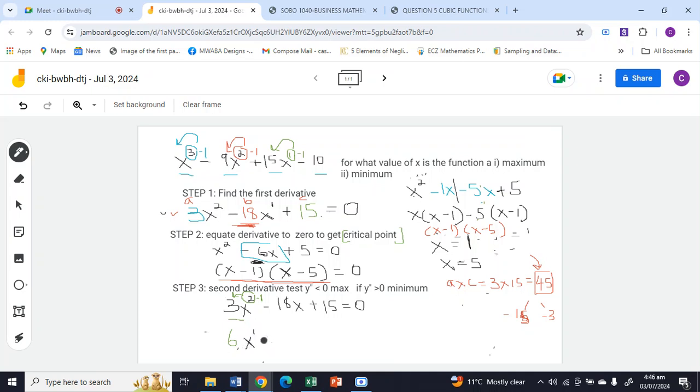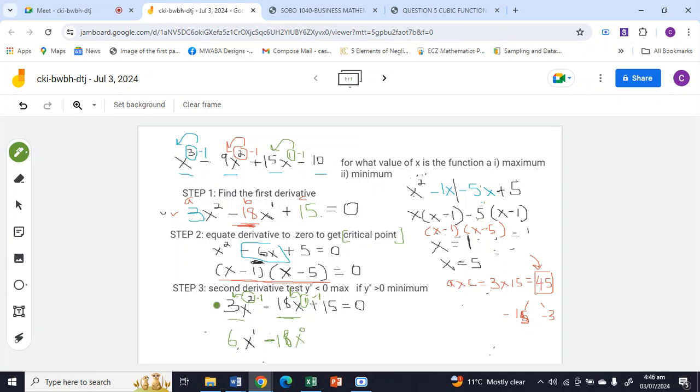Minus, we come to 18x here. It's like 18x to the power 1, so you say 1 times negative 18, you get negative 18. You subtract 1 from this exponent of 1. 1 minus 1 is 0, so we remain with 18x to the power 0.